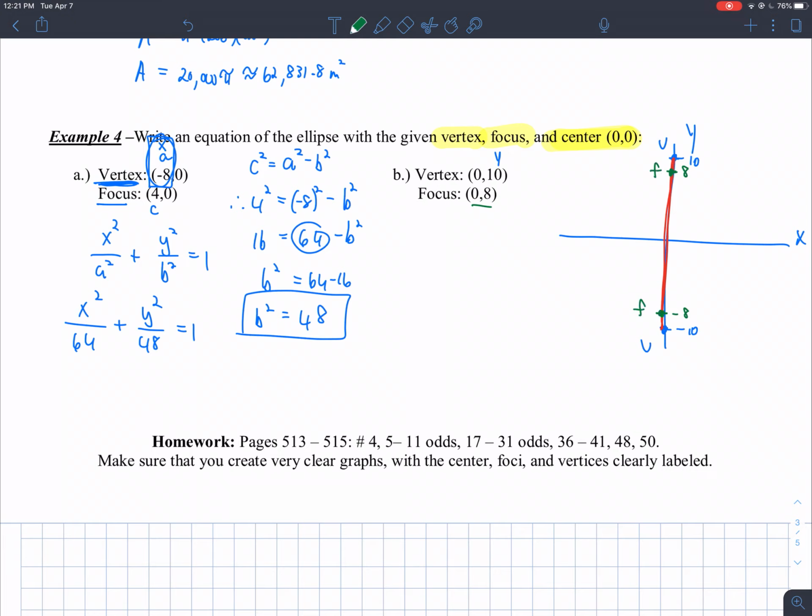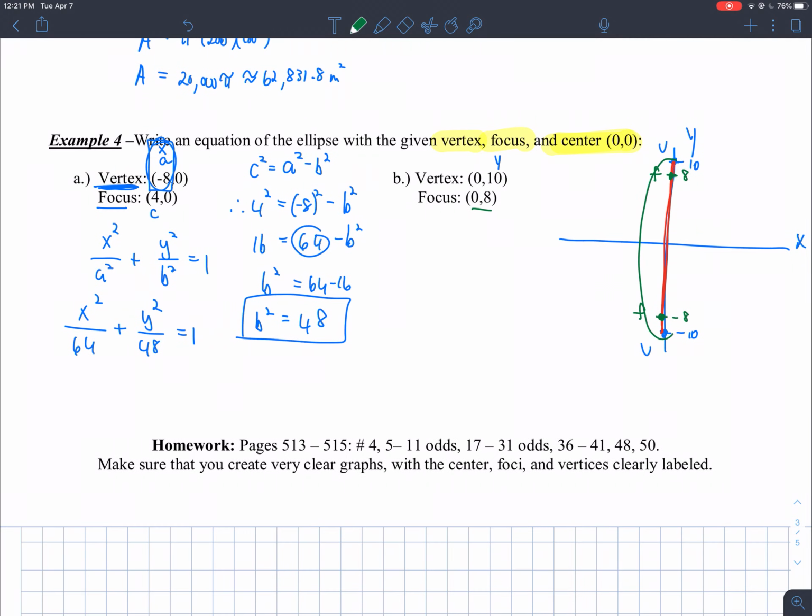Here is another focus. That means my ellipse is vertical like this, and the co-vertices will be somewhere here. I don't know what they are. We're going to find them. But if I know that my ellipse is vertical because the vertex and focus are both y coordinates, then I use a formula where A, again, A is this distance, which is 10, and C is this distance, which is 8.